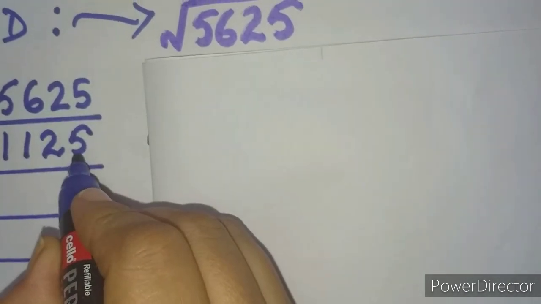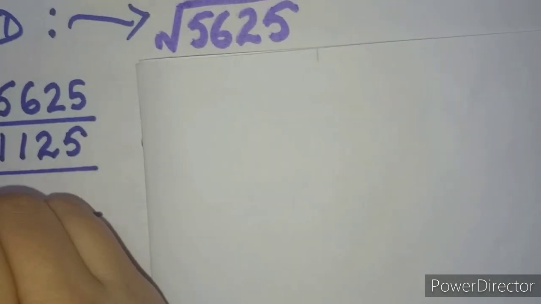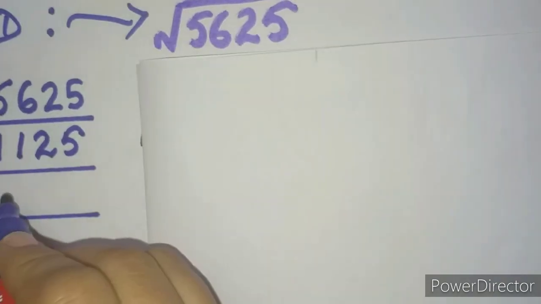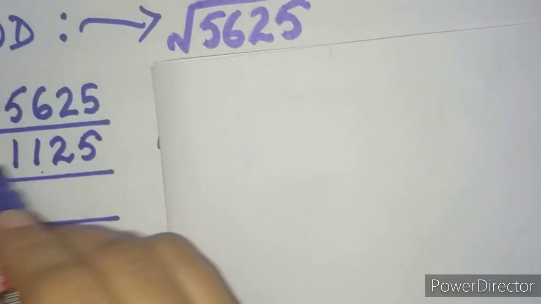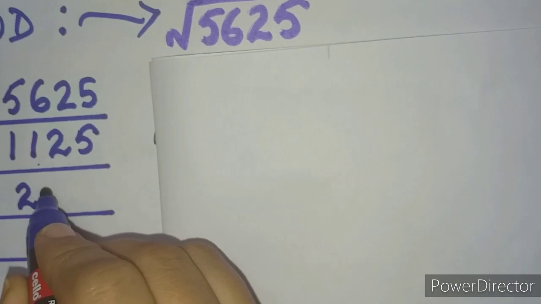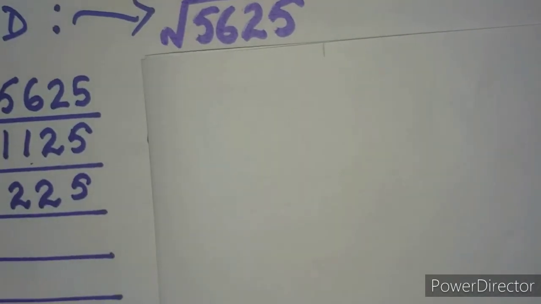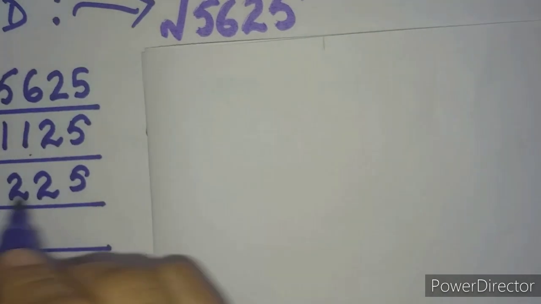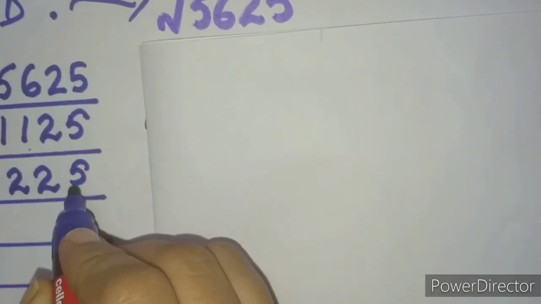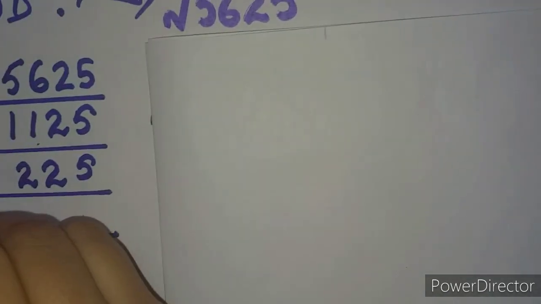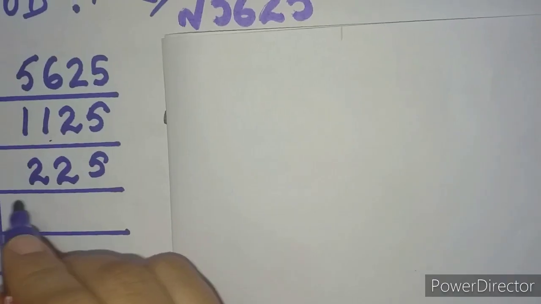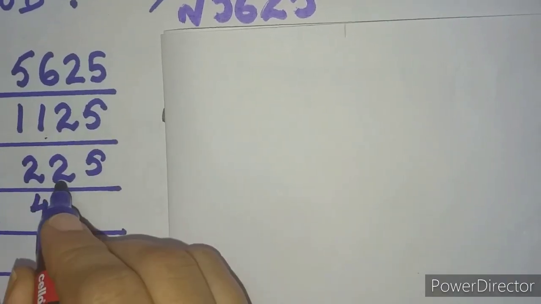Again the units place has 5, so our next divisor will be 5 only. 5 twos are 10 and 5 fives are 25. Again this units place is 5, so again we divide by 5 only. 5 fours are 20, and then 5 fives are 25.